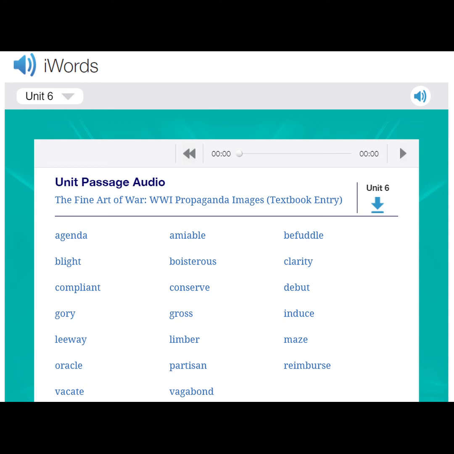Or, partisan can be used as an adjective that means strongly supporting one side only. The annual budget debate in Congress may be predictably partisan. Now you say partisan. Repeat the word.